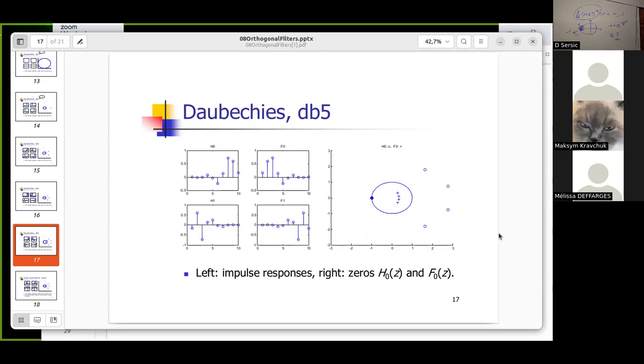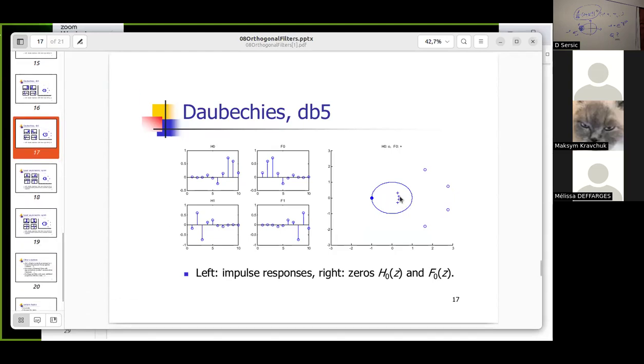So it was the first choice of Ingrid Daubechies, and her second choice was, okay, why do we really have to put all those zeros from inside on one side of the filter bank? Maybe we can make a mix.